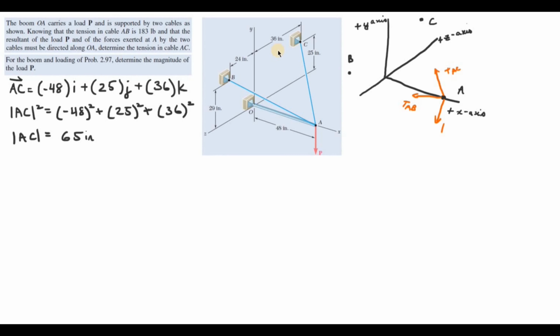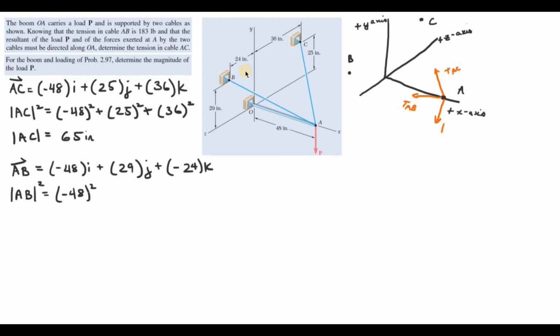We can do the same for the vector AB, and this will give us minus 48 I plus 29 J minus 24 K. And the magnitude gives us 61 inches.